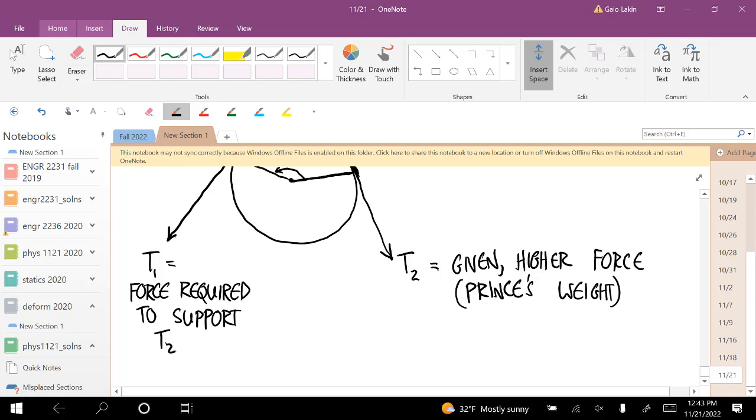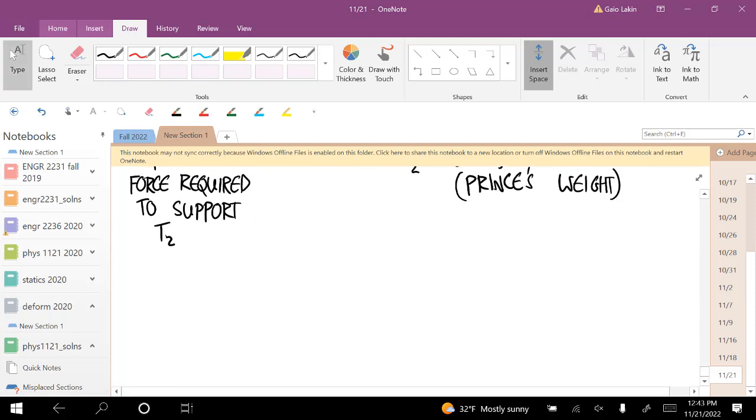You want that to be as small as possible. And the equation that relates these two things is T2 over T1 is equal to e to the power of the coefficient of friction times that angle beta.